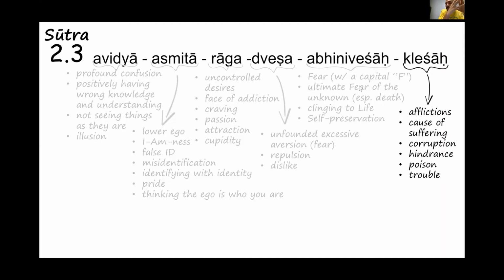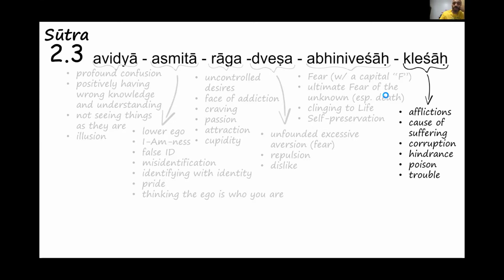But klesha is also understood as afflictions or causes of suffering, and those things that trouble you, right? And many other synonyms for that, but that's what klesha means. And these are the 5 kleshas: avidya, asmita, raga, dvesha, and abhinivesha, okay?